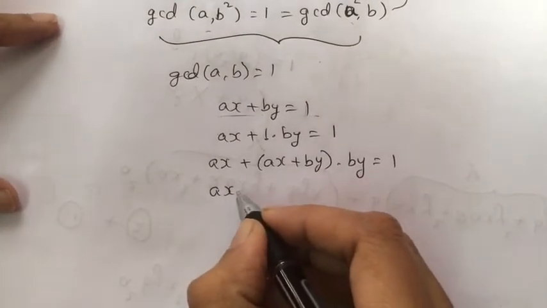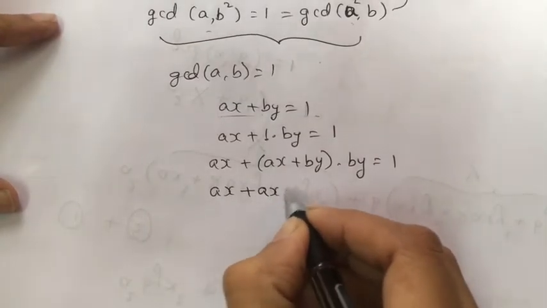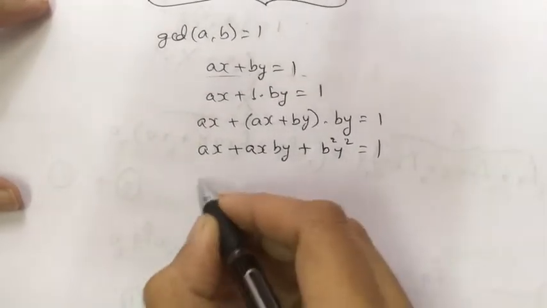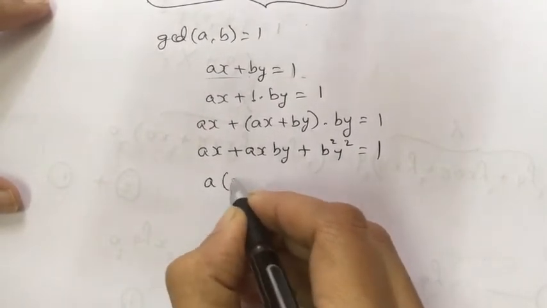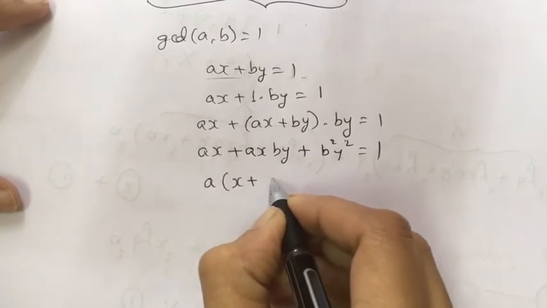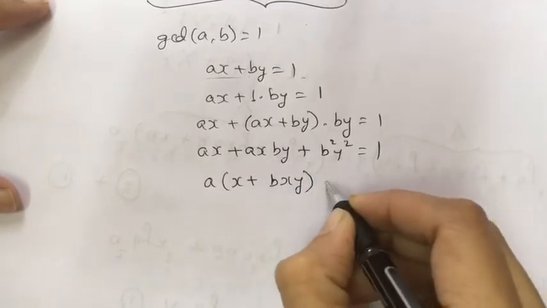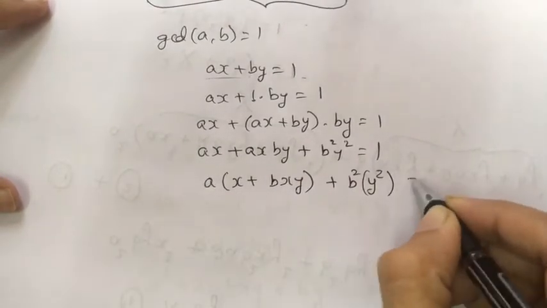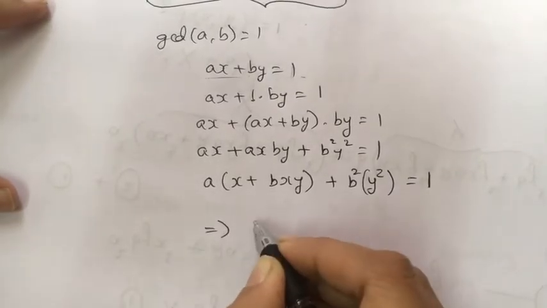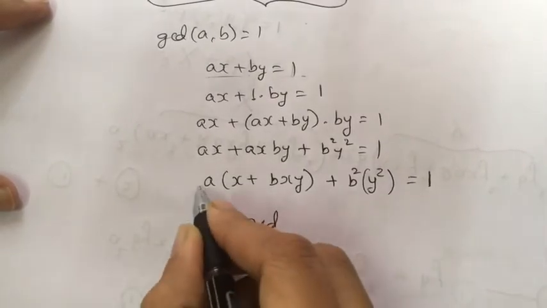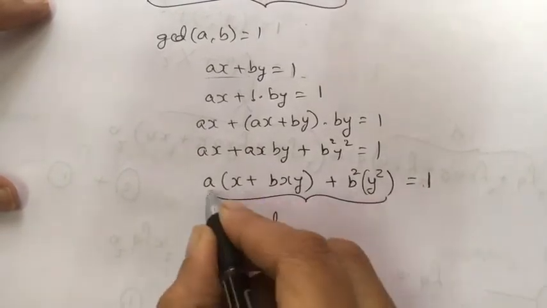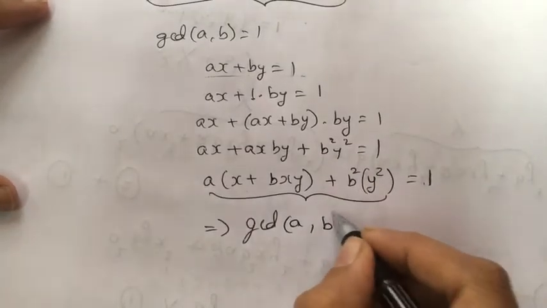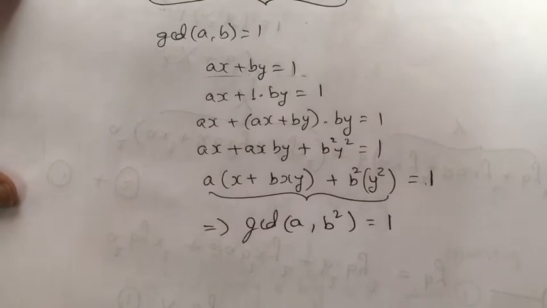Proceed, ax plus axby plus b square y square equal to 1, same as writing a into x plus bxy plus b square into y square equal to 1, which implies this one can be written a into something plus b square into something, so I can write a and b square are relatively prime.